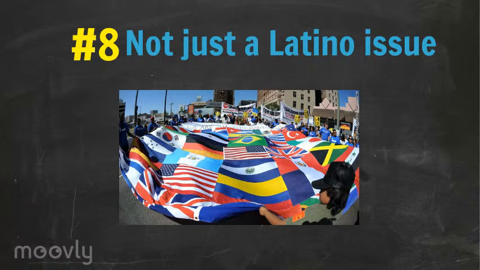According to DreamActivist.org, an online resource network for undocumented students, undocumented individuals come from countries all over the world, such as Argentina, Bangladesh, Brazil, Canada, Chile, Colombia, Costa Rica, Croatia, Ecuador, England, Fiji, France, Ghana, Guatemala, Indonesia, Iran, Israel, Lebanon, Mexico, Mongolia, Nicaragua, Nigeria, Pakistan, Peru, Philippines, South Korea, Taiwan, Tonga, Venezuela, and many, many more.